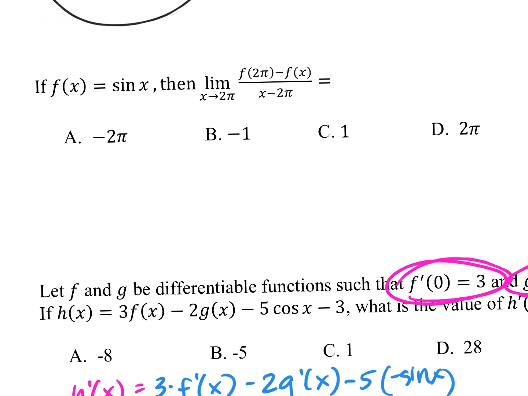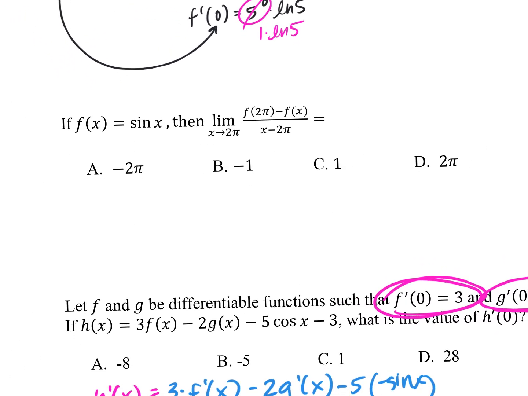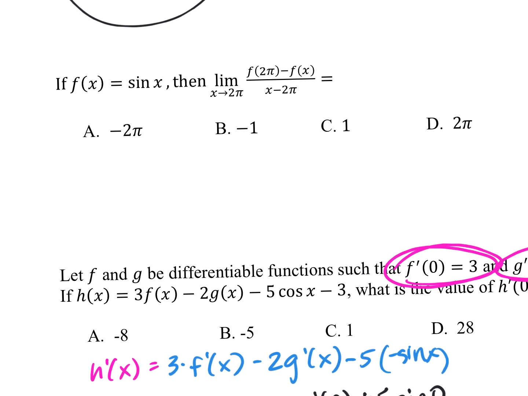This is it. This one they kind of gifted us. Look what they told us. They went ahead and told us what our function is. Ooh! They told us our function. What is this telling us that they're asking us for? The derivative.